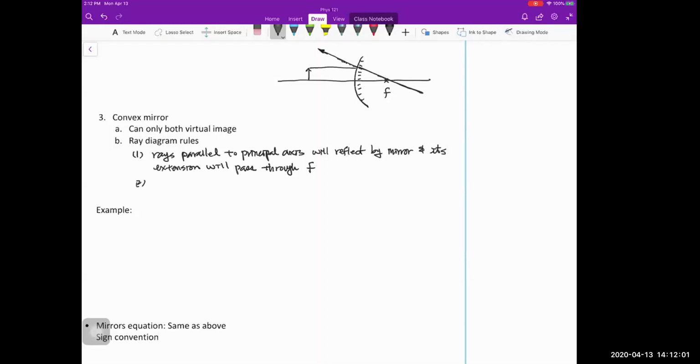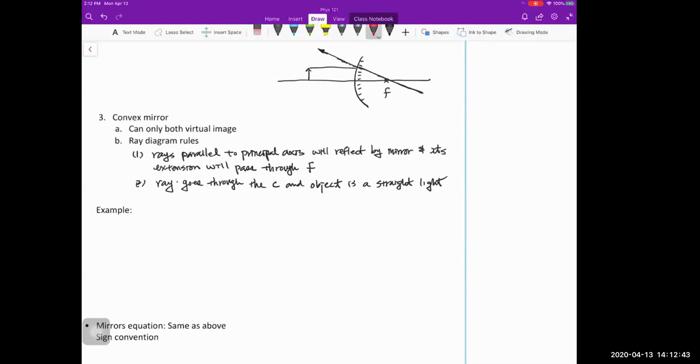The second rule is that you make the ray go from the object to the C. The light that goes through the C will go back along the same path, so it's going to be a straight line.